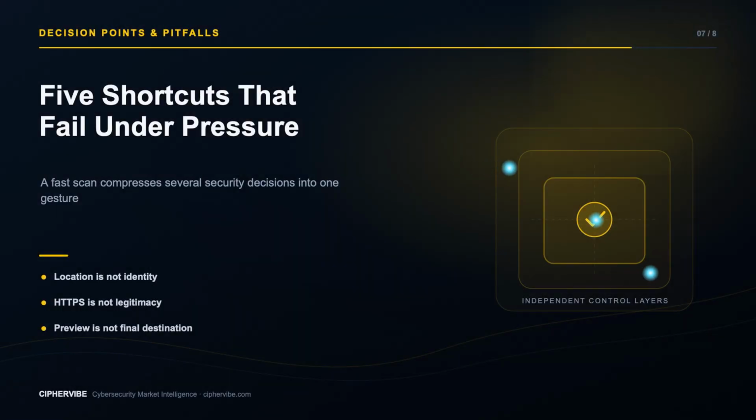Avoid 5 shortcuts. 1. An official object does not make every sticker official. 2. Camera recognition means the pixels decoded, not that the destination is safe. 3. HTTPS encrypts a connection. It does not establish business identity. 4.